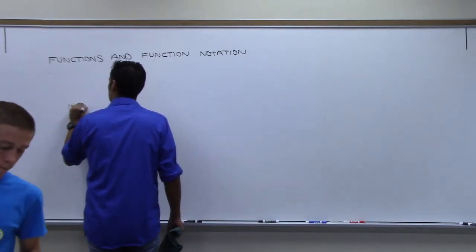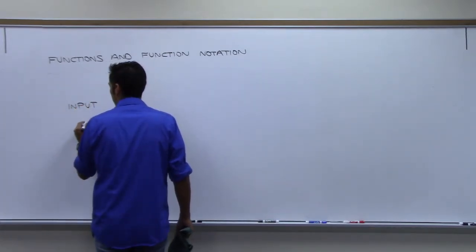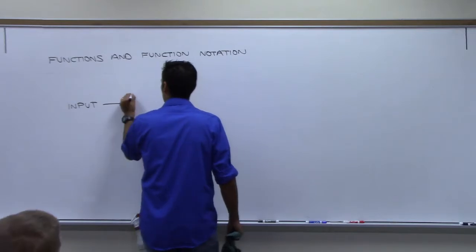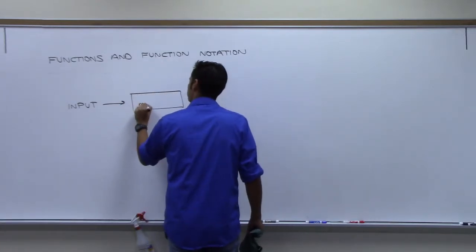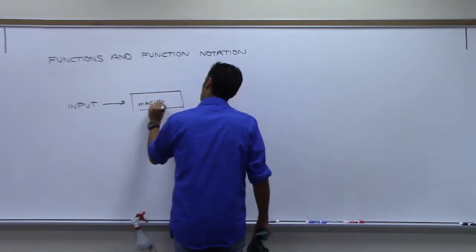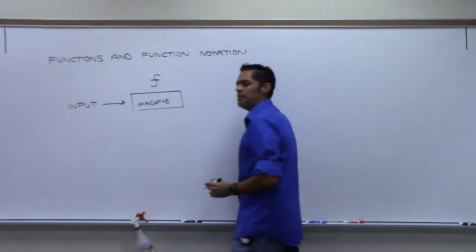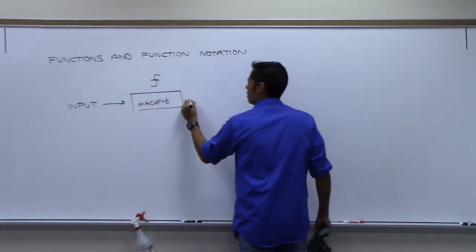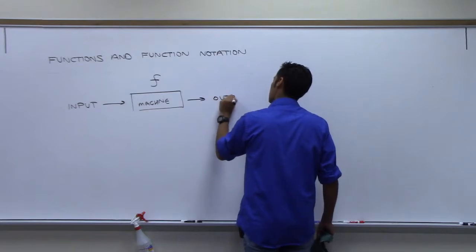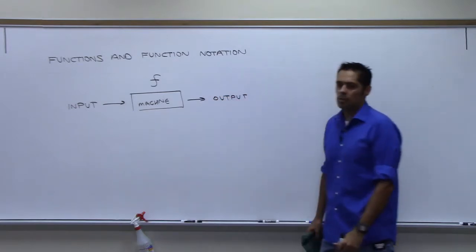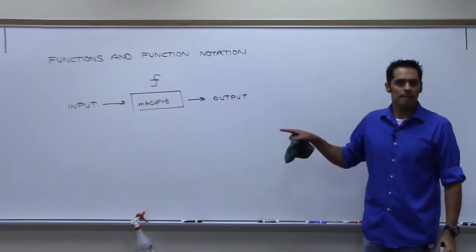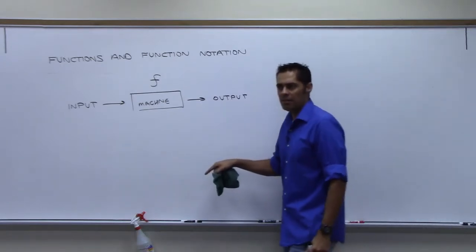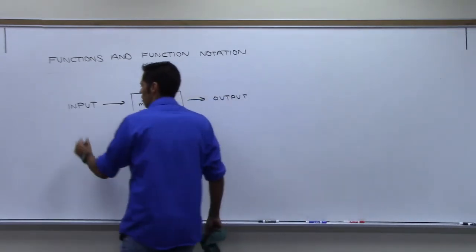You have something you put into the function, which we call the input, goes in through the machine. The machine here is usually labeled f, and you have some output. The things that we normally plug into the machines in this class, into our functions, are numbers.